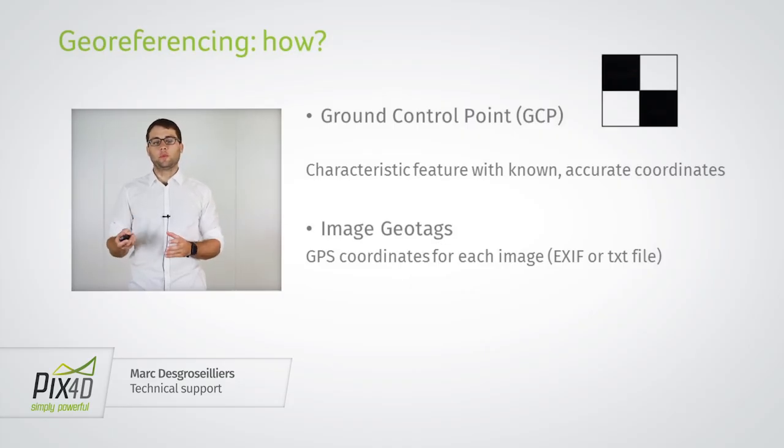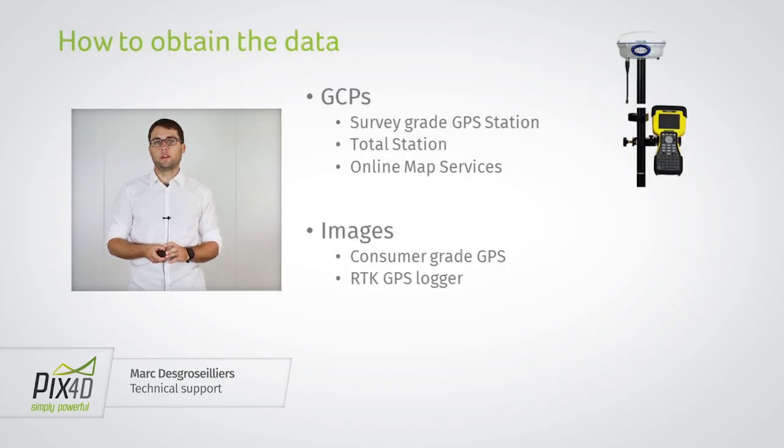However, you should keep in mind that GPS stations are much more precise than Google Maps, for example. For the image geolocation, typically this is going to be a GPS module in your drone, and it can either be a consumer-grade GPS module or an RTK GPS logger. The second one would have a much more precise recording of the GPS coordinates.